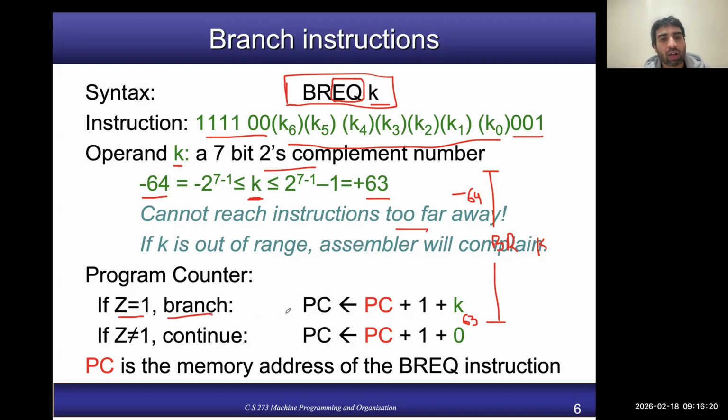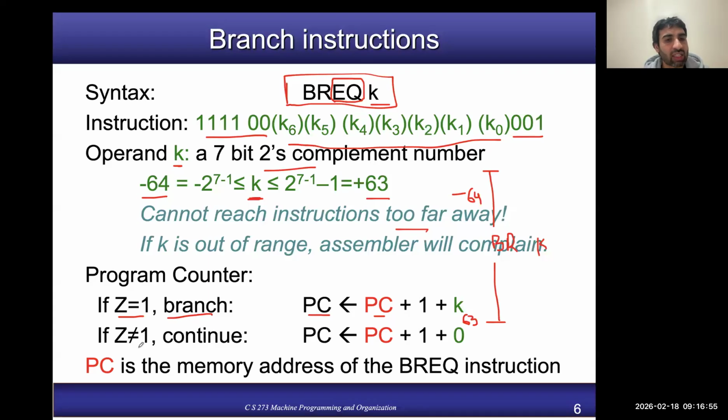Okay. And for going to the destination address, the value of the program counter register is updated. How? It is updated by PC plus 1 plus K, right? What is the PC? PC is the memory address where the branch equal instruction itself is located. And how is the new PC calculated? By adding to it 1 plus K. When we see an example, it will become clear to you. But as I said, this instruction checks the Z flag.